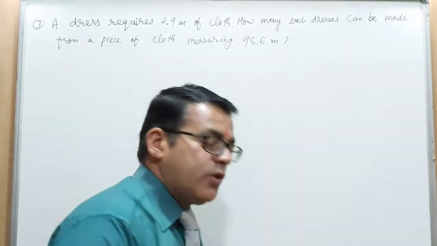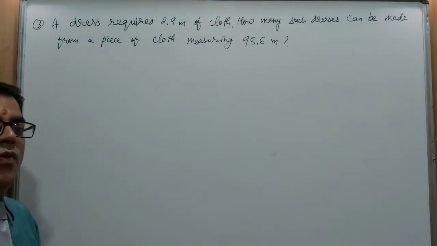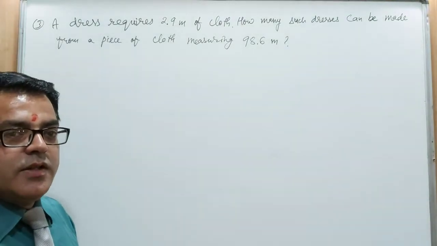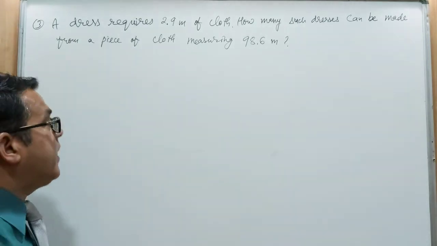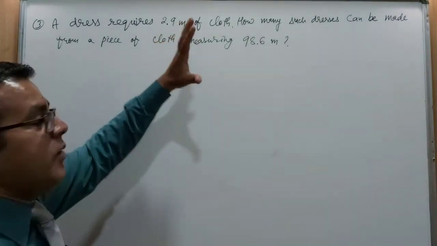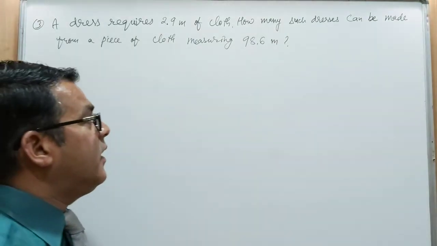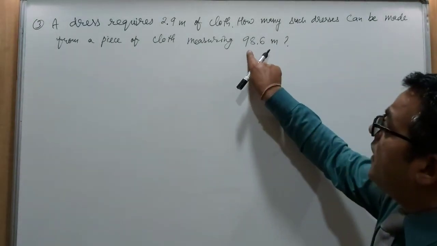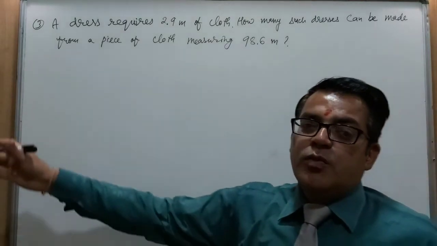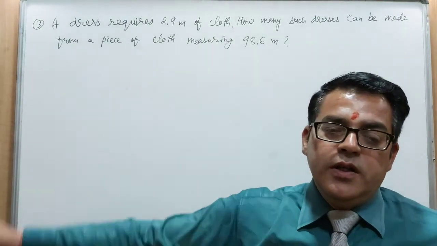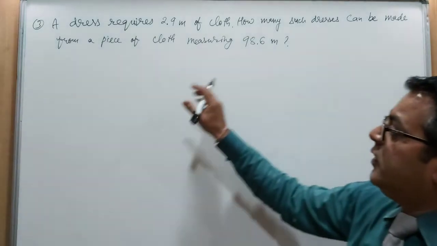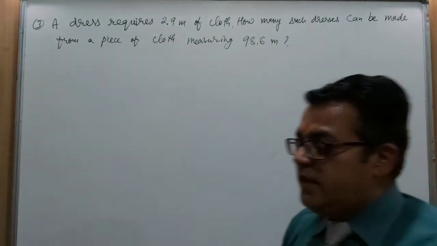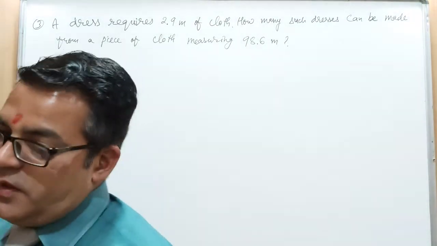In boarding school also, the old students know very well, the tailor comes for the measurement of your dress. Suppose your dress requires 2.9 meters of cloth, right? And the tailor has 98.6 meters of cloth in a roll. He has a complete roll. The length of that roll is 98.6 meters.